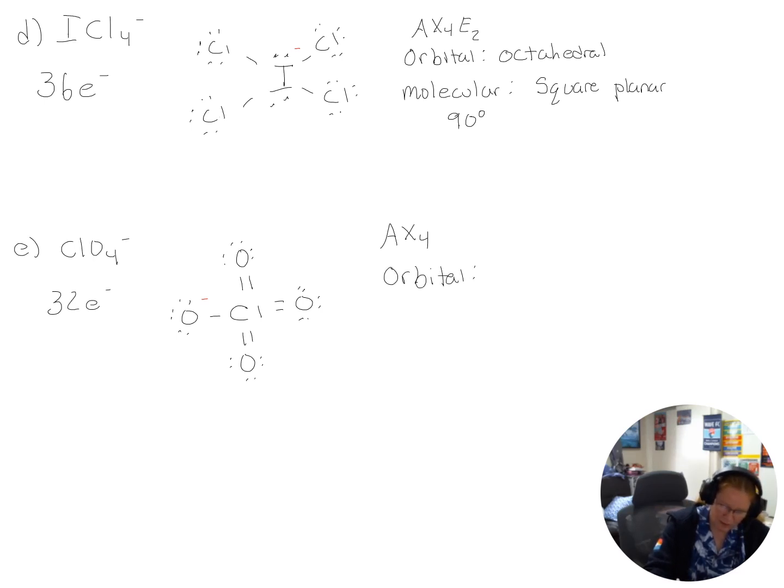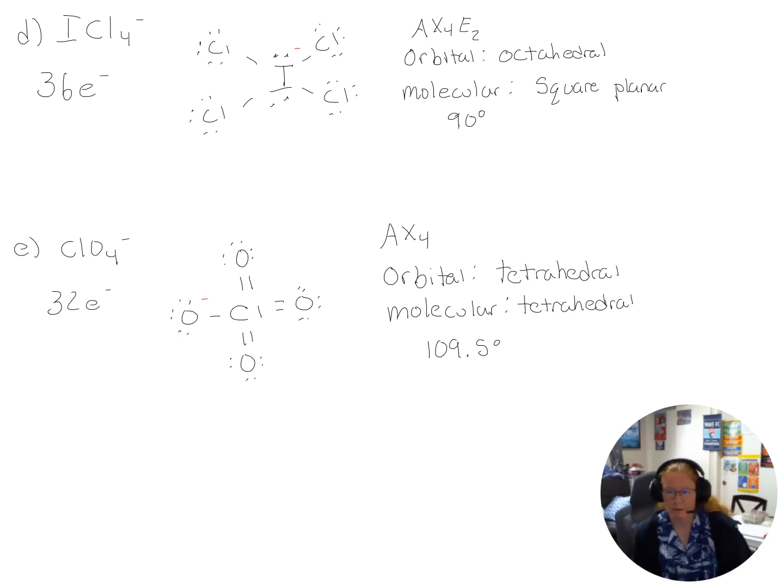So our orbital geometry is tetrahedral, and our molecular geometry, because everything's bonding, is also tetrahedral. And our bond angle is 109.5 degrees. So it's not enough for you to simply copy what I do.